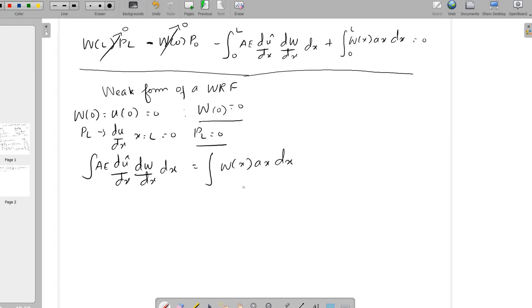So this is the simplified form, the weak form of the weighted residual function.